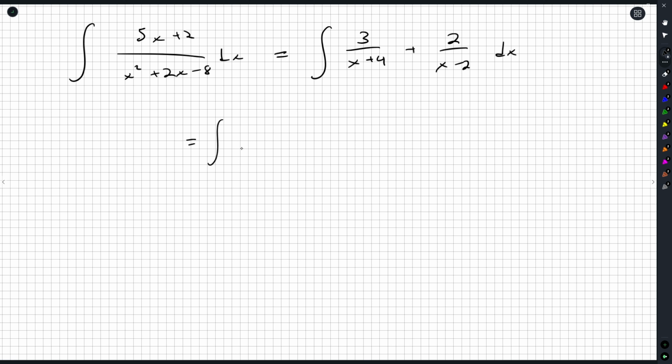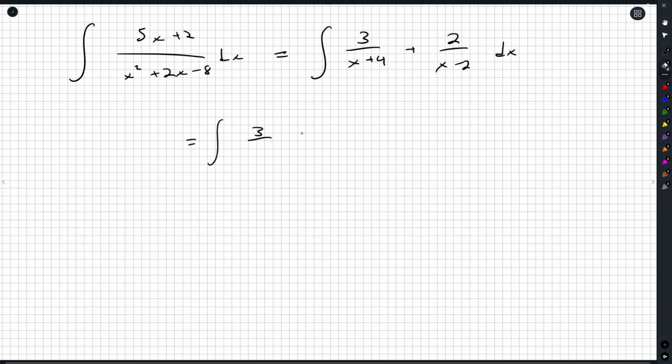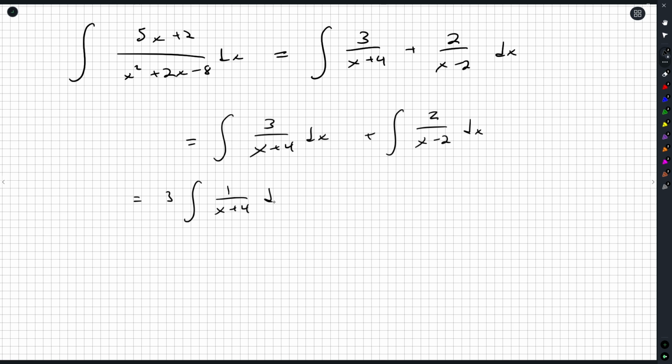We can split this up here. In fact, we can bring out the 3. Well, let's do it slow. So it's 3 over (x + 4) plus 2 over (x - 2). Bring out the constant of 3. Bring out the constant of 2. Okay.